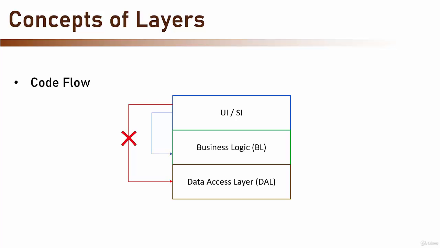This will break the modularity of the code and create strong coupling between these two layers. In addition, a layer must not access the layer above it. So, for example, the data access layer must not access the business logic layer. Doing that will again break the natural code flow and make the system less modular.